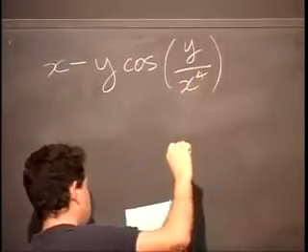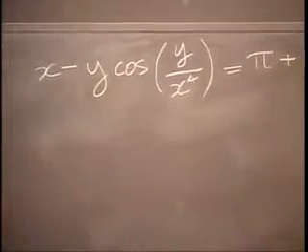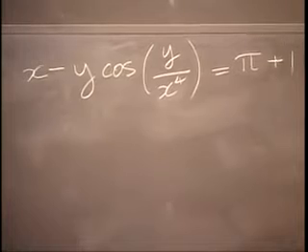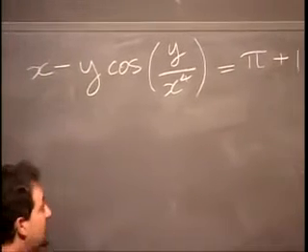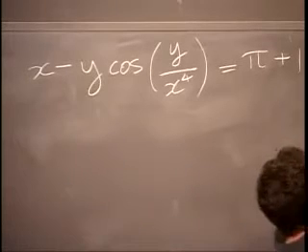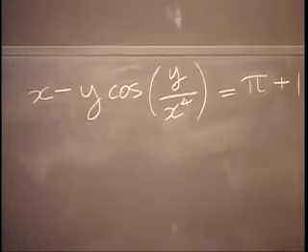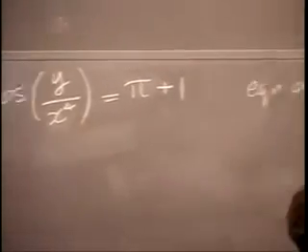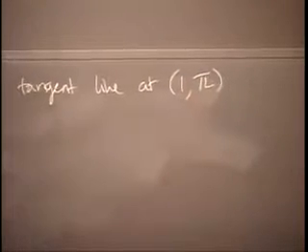So I have this diabolical equation, x minus y cosine of the quantity y over x to the fourth equals pi plus 1. And I'd like to know the equation of the tangent line to this curve at the point 1 comma pi.